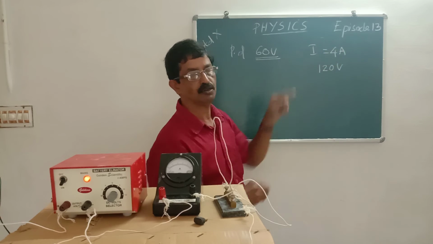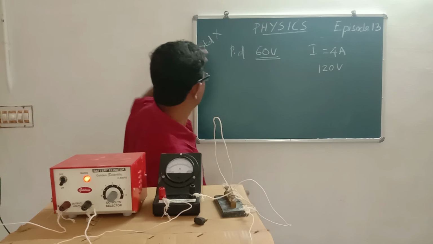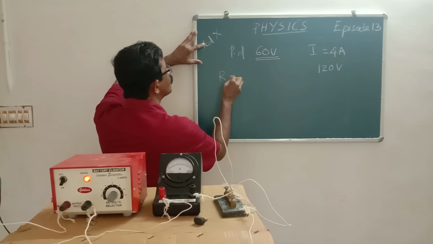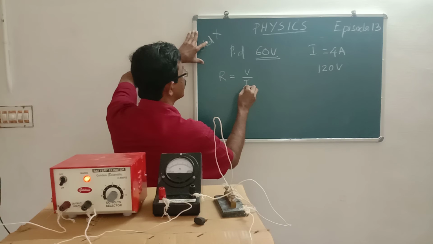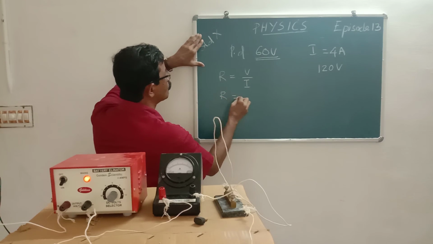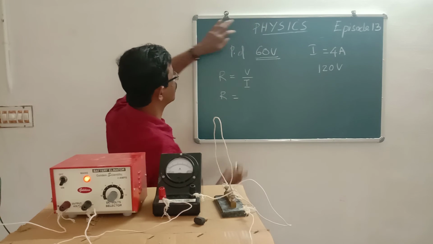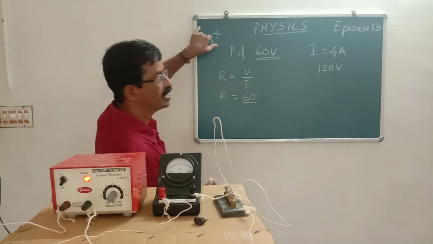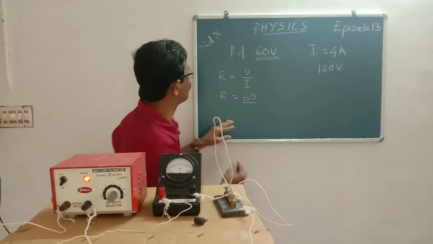From Ohm's law, we know resistance R is equal to V by I. Here R is equal to the potential difference at first, given as 60 volt, and the current flowing at that time is 4 ampere.